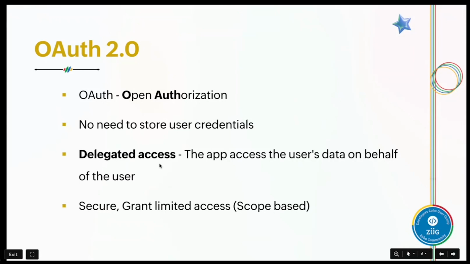Once you agree, Google will access the data from the service on your behalf. So this is how the OAuth 2.0 authentication method works. This OAuth 2.0 method is a very secure method because data access will be provided only for the scopes available. So this is an overview of the OAuth 2.0 authentication method.